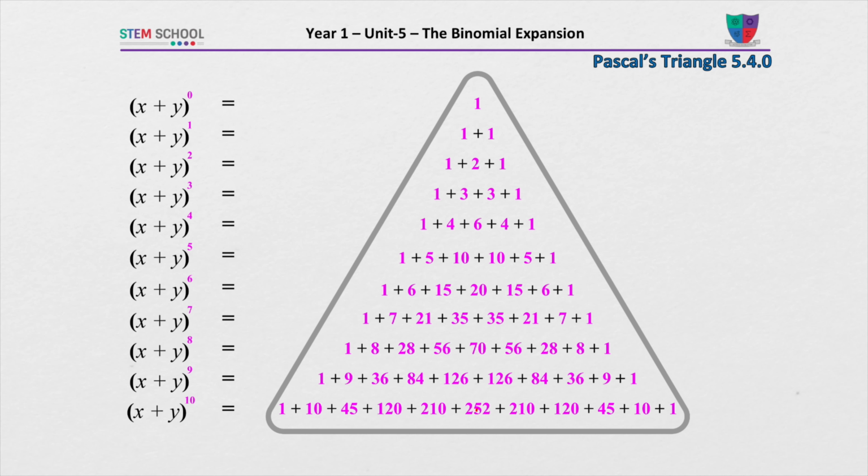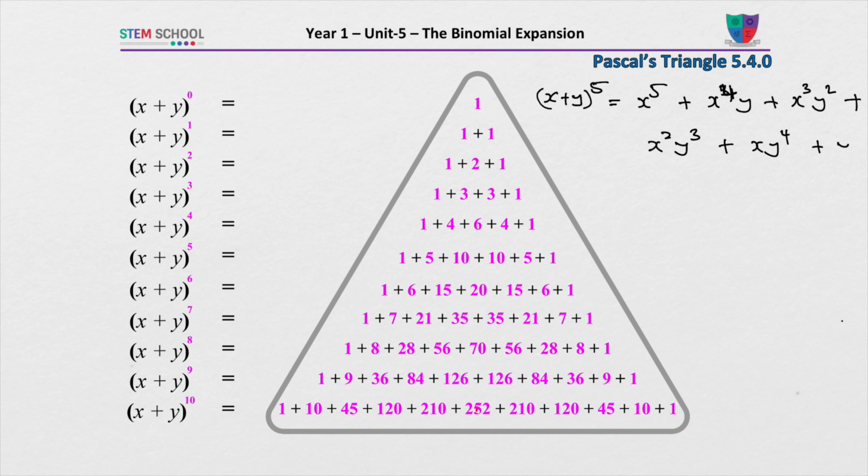So let's do a quick binomial expansion of x plus y to the power of 5. I'm expecting x to the power 5, plus x to the power 4 y, plus x to the power 3 y squared, plus x to the power 2 y cubed, plus x to the power 1 y to the power 4, plus y to the power 5.